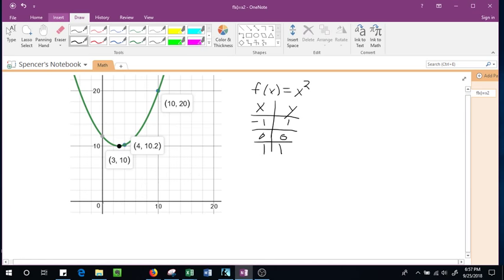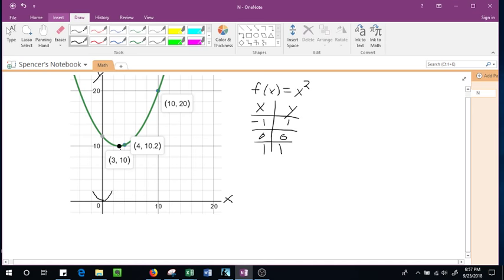So our parent function on this graph, if this is our x and this is our y, we're going to go from 0, 0 to 1, 1, and it's going to keep going obviously, but these are just the points that we calculated. And it starts at 0, 0.